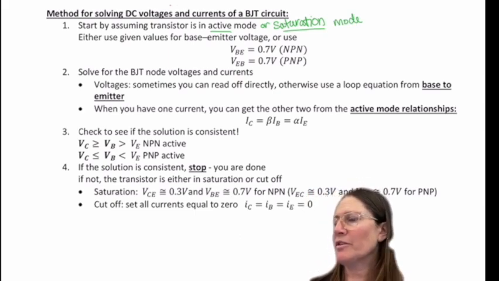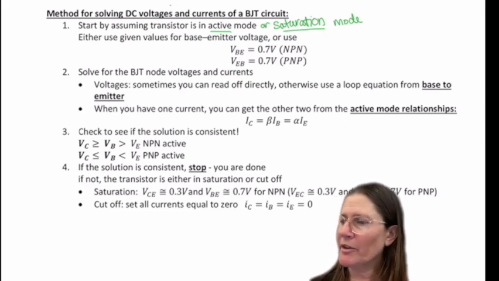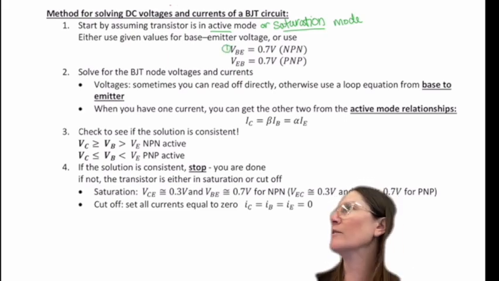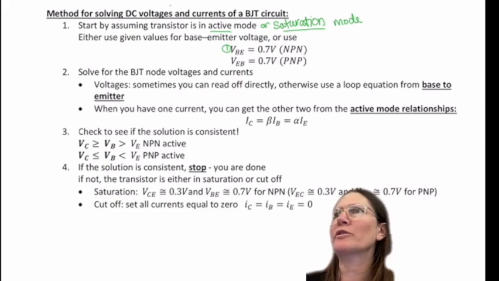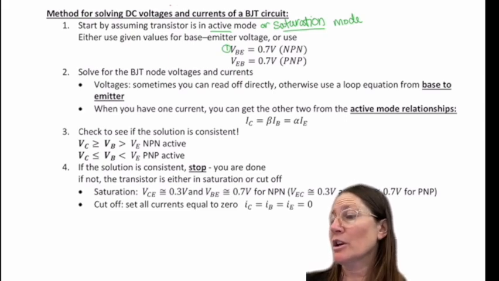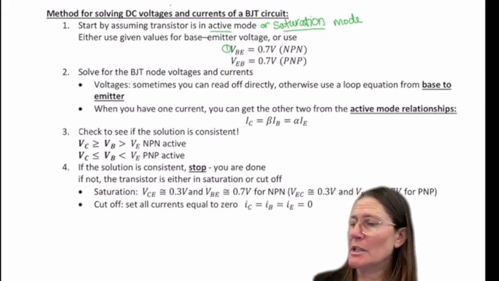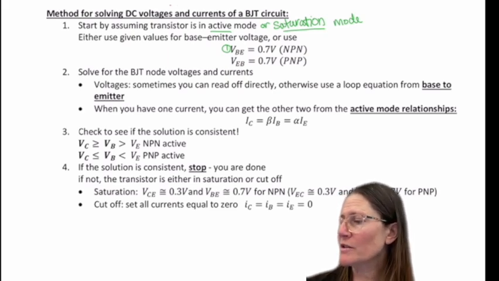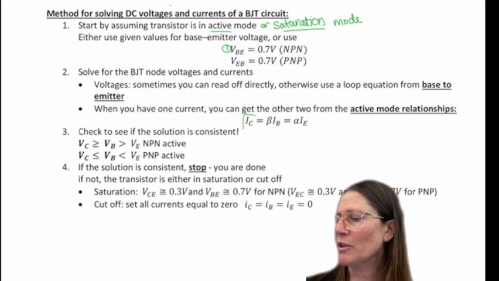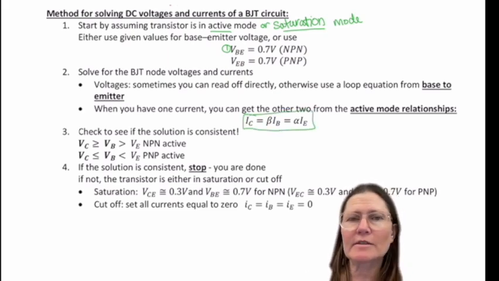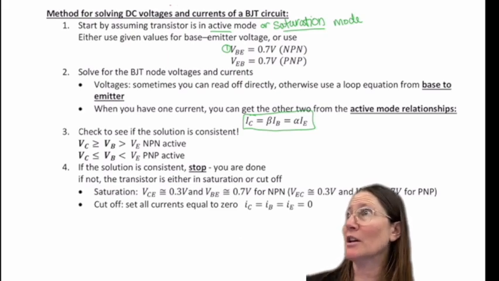You're going to put the base to emitter at 0.7, so you're going to just make that assumption that it's got 0.7 volts there. You're going to then solve for the BJT nodes and voltages. In active mode, you're going to use that relationship of IC is equal to beta IB is equal to alpha IE.